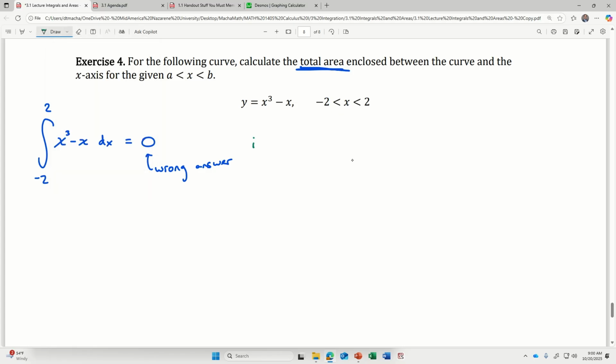Instead, I think what you should do is find the places where this curve passes through the x-axis. In other words, we're going to find the x-intercepts of this curve by setting x cubed minus x equal to 0.